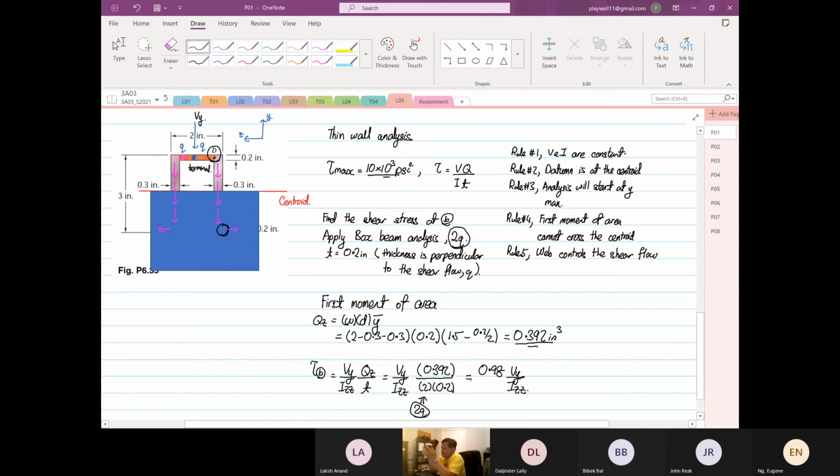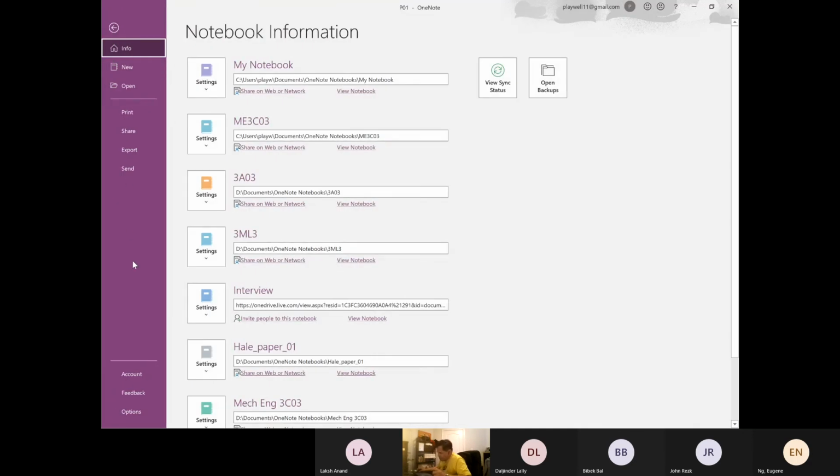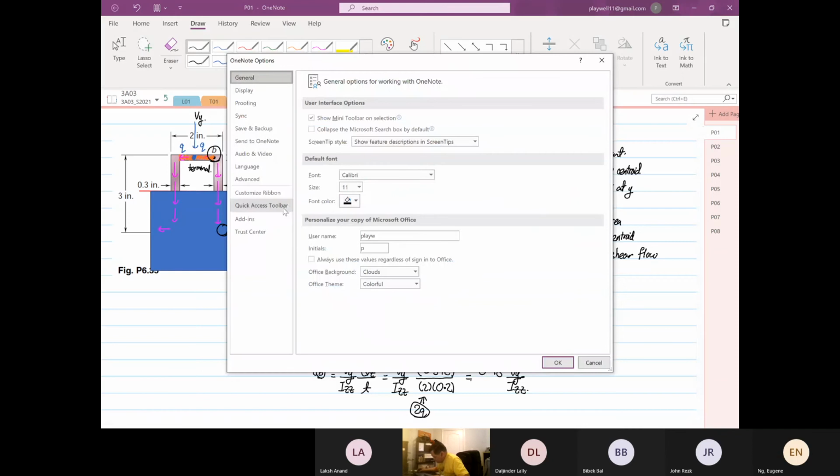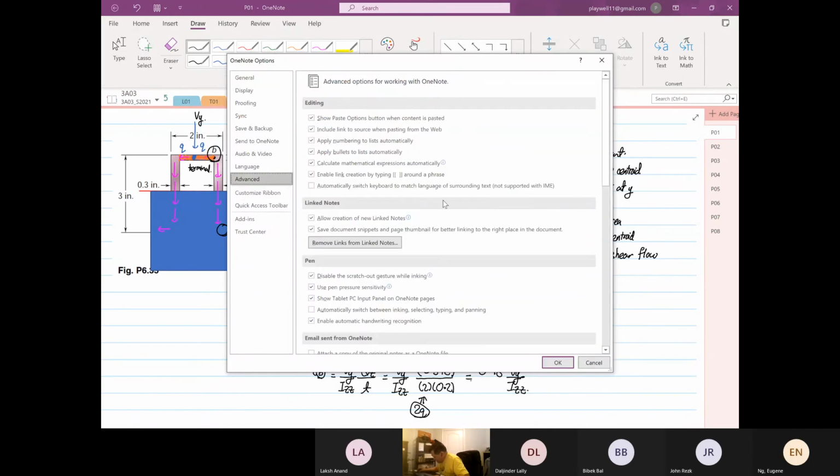Now the question comes to this. I just put it as a variable. Can someone tell me why I left Vy over Izz as a variable? Anyone? Can anyone tell me why?